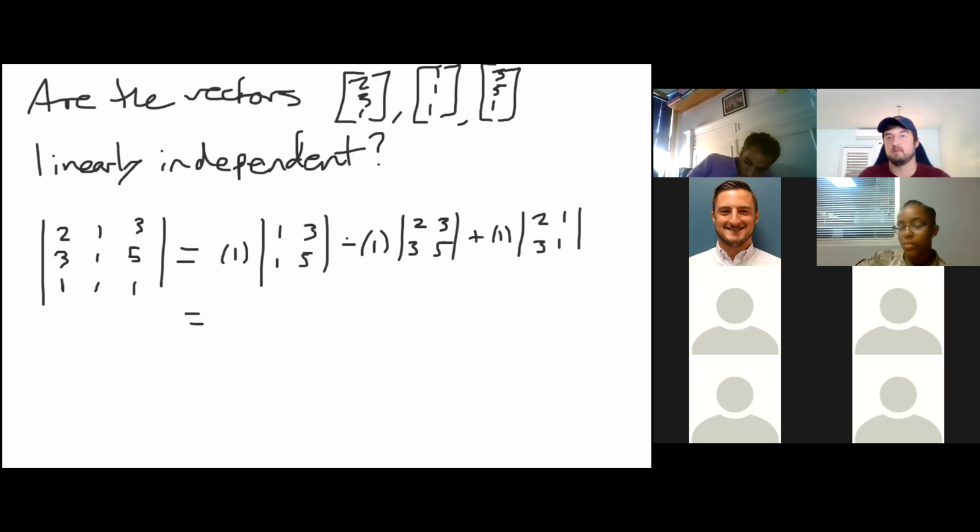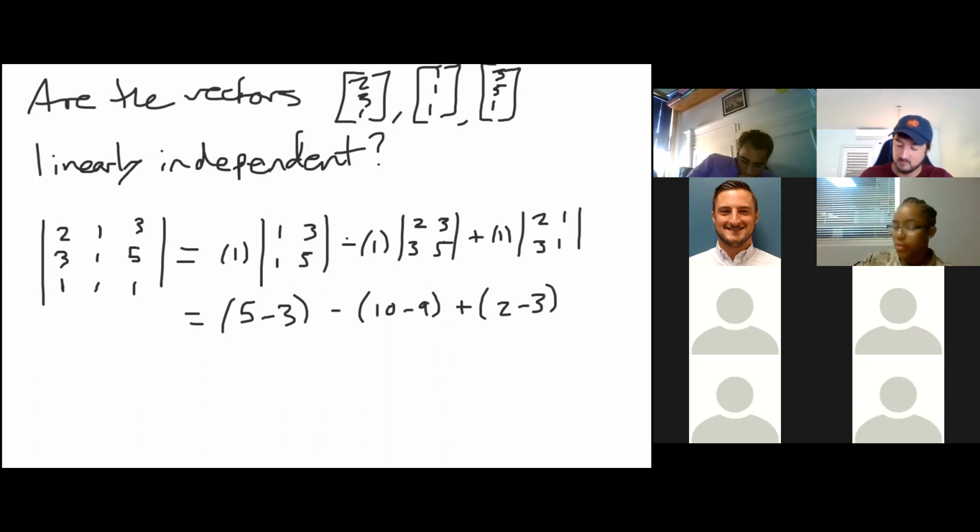I'm just multiplying everything by 1, so you just have to find the determinant of those three 2 by 2 matrices, which will be a 5 minus a 3, minus a 10 minus a 9, plus a 2 minus a 3, which is a 2 minus a 1 minus a 1. So the determinant is 0.